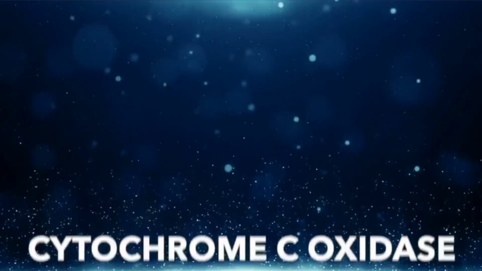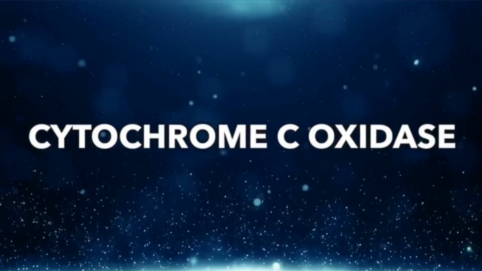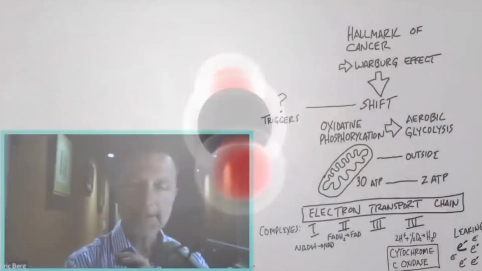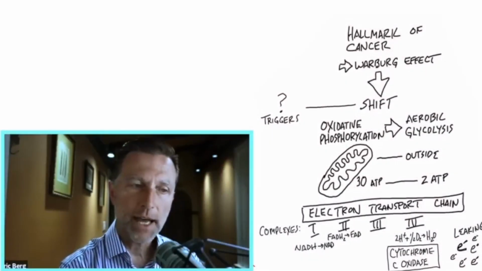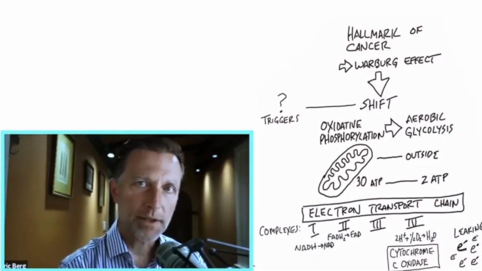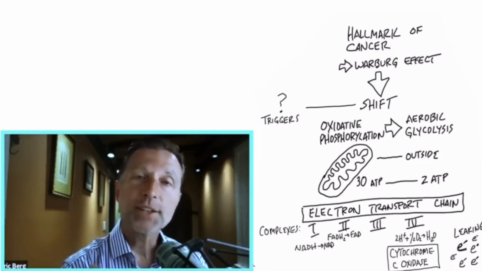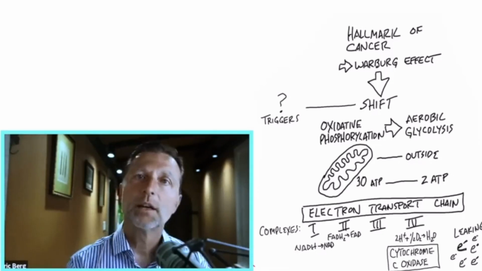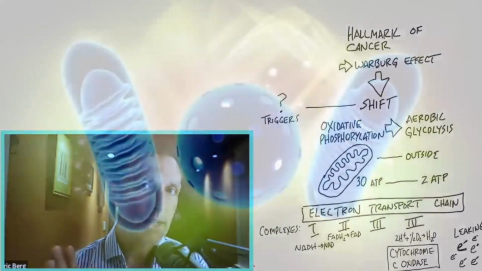It's called cytochrome C oxidase. It's the enzyme that helps make oxygen, and it's involved in these electron things. And the importance of why I'm bringing this up is that a dysfunction of that fourth complex, okay, that triggers this switch from a normal cell to an abnormal cancer cell.